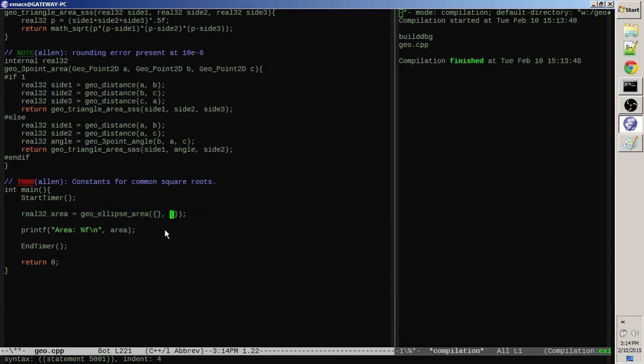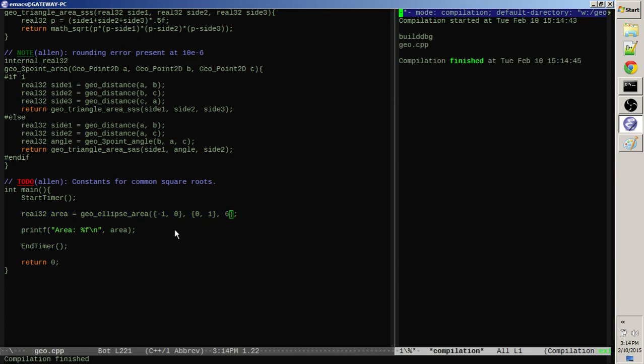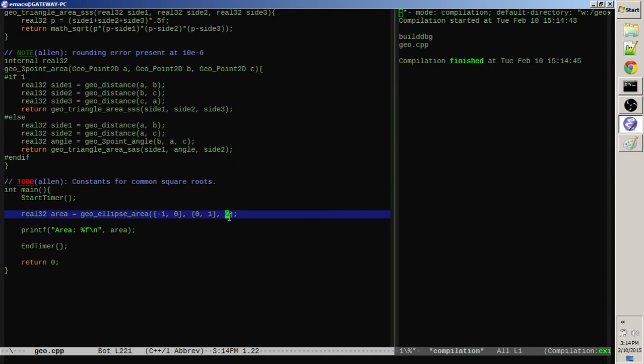Right, so we have to define 2 points to be the foci and the total sum radius. So one thing we could do is we could say that we're going to center it around the origin like so and give it a radius of about 6. Now that doesn't mean that its major axis will be a 6, right?